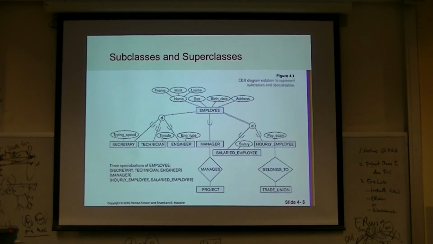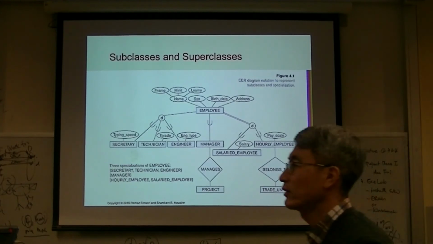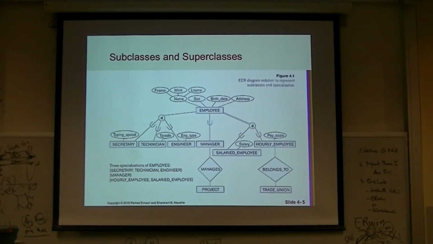Okay, then let's try to understand the EER diagram. Okay, this is an EER diagram. First, how many entity types can you find in this EER diagram?